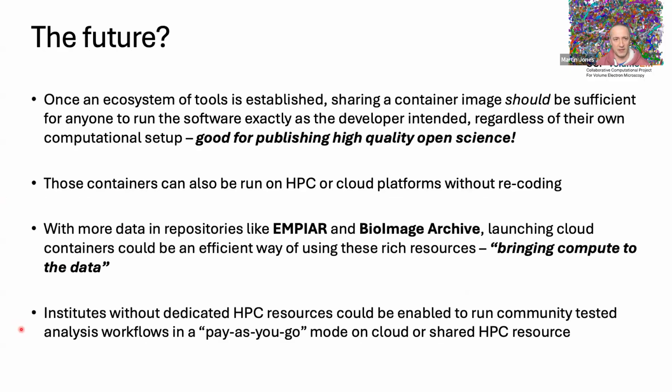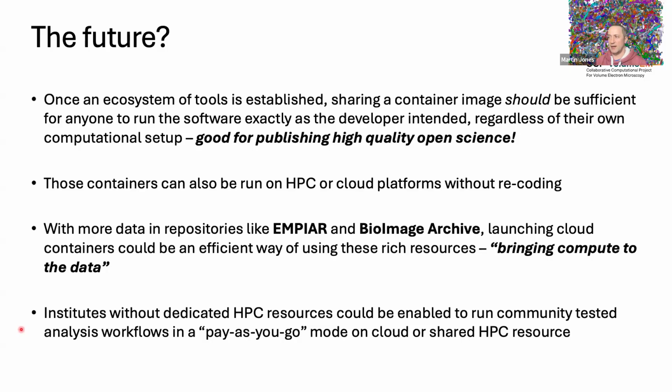Where I think this might go in the future, once we hit critical mass and there's an ecosystem of tools out there and the community makes use of those tools, then sharing reproducible research should be very straightforward.